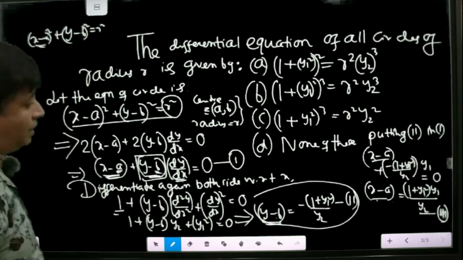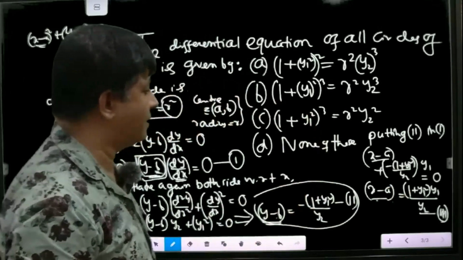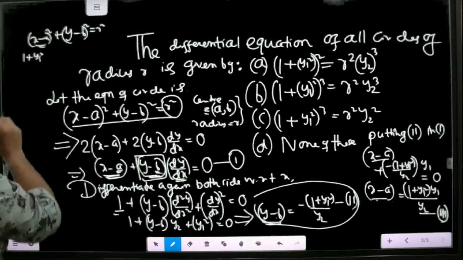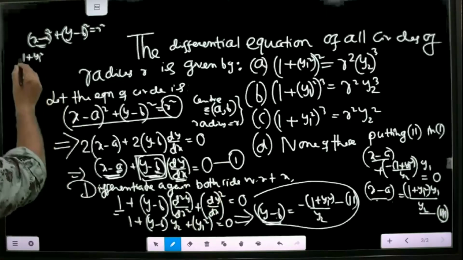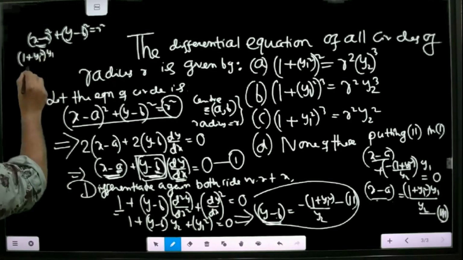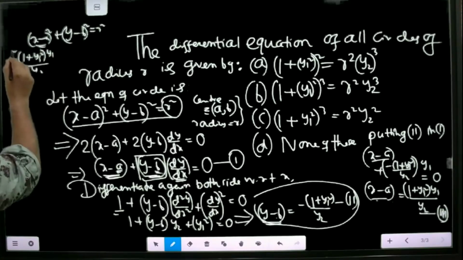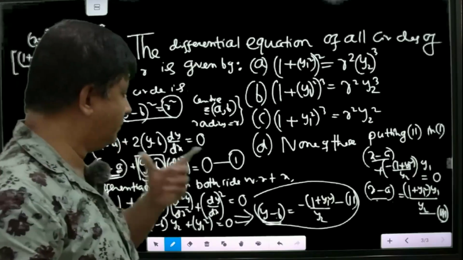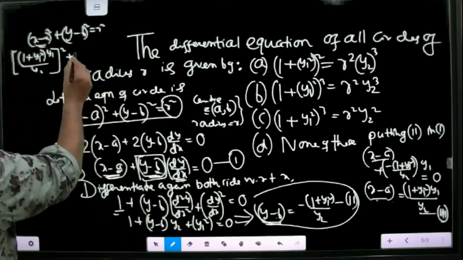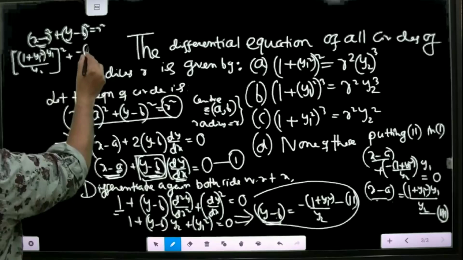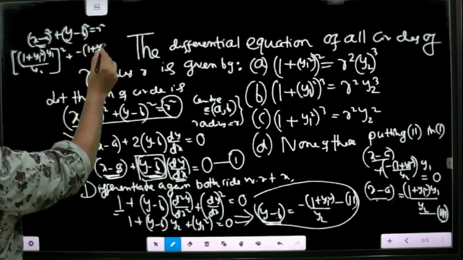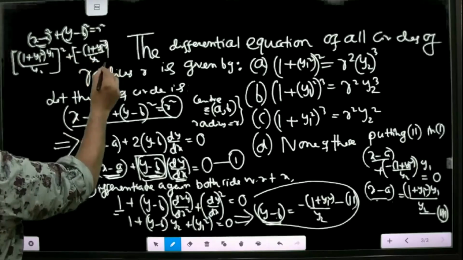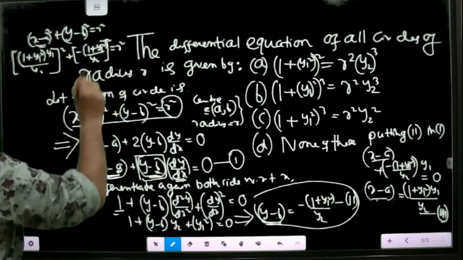What is x minus a? Here, we have exactly got (1 plus y1 square) into y1 by y2, its whole square. What is y minus b? Minus of (1 plus y1 square) by y2 whole square is equal to r square.